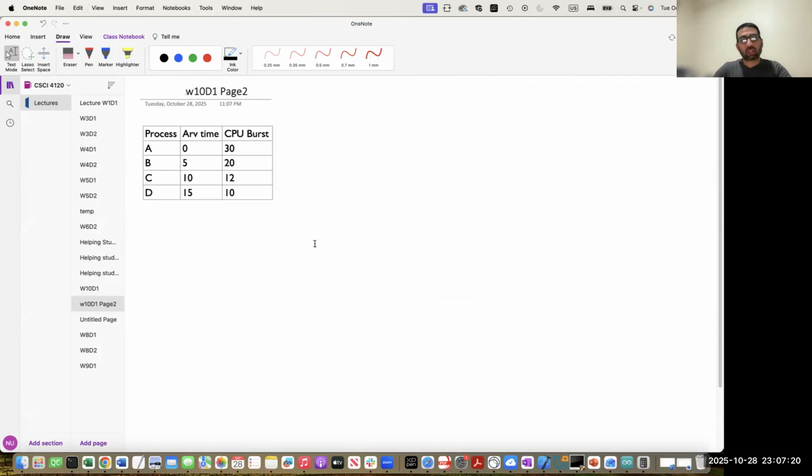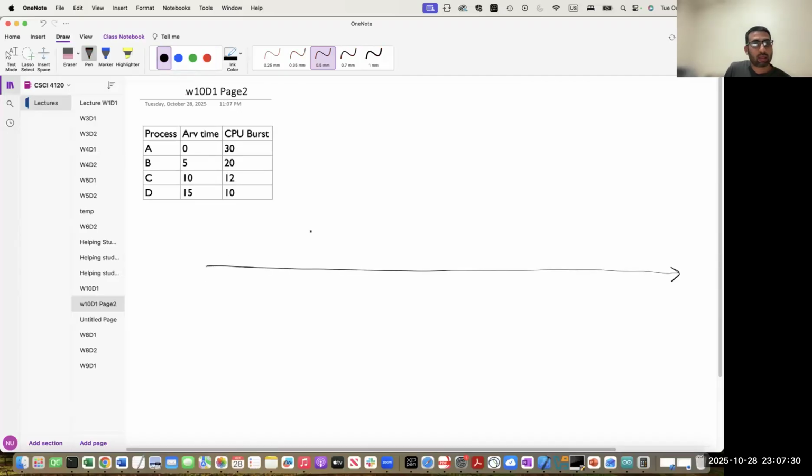So we wanted to do shortest remaining time first, right? Let me first simply note their arrival times. So 0, 5, 10, 15, for A, B, C, D. At 0, I have no other competitor, so I allow A to run for 5 time units.